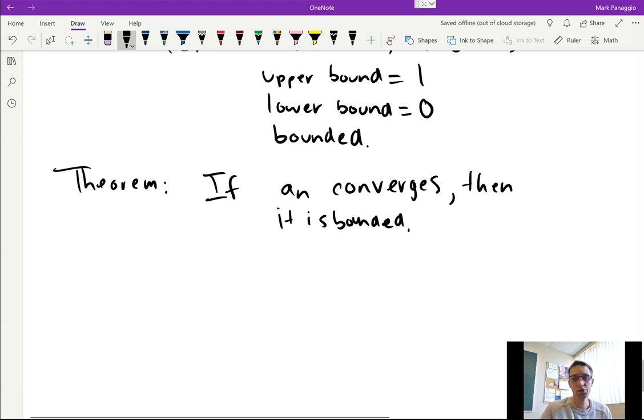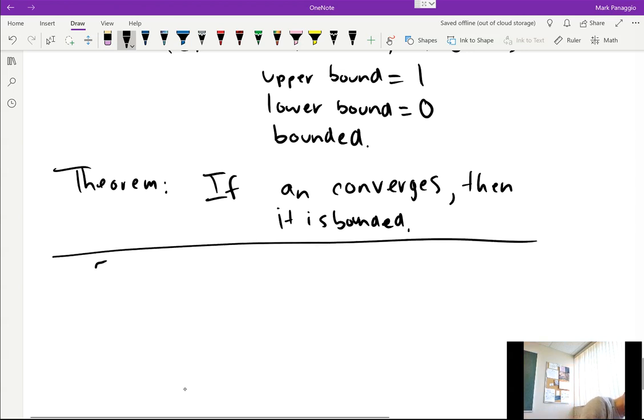So every convergent sequence, every sequence that has a limit, must be bounded. And you can make sense of that in the following way. If the terms in the sequence are approaching some number, let's make a little explanation here.